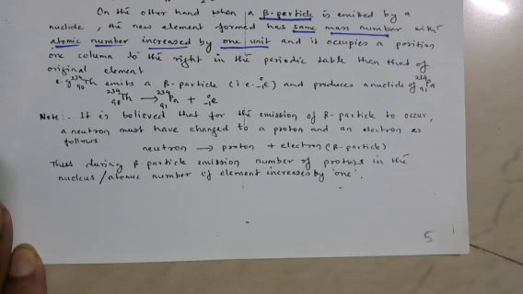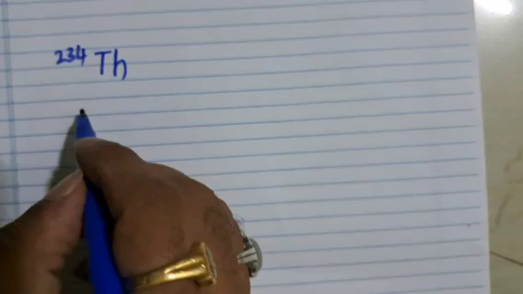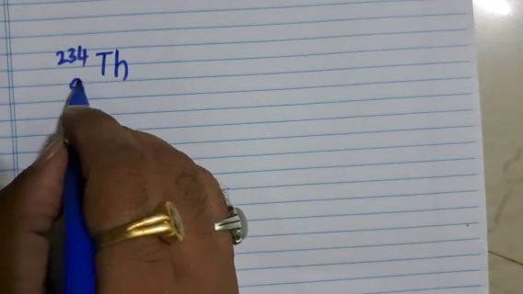When the atomic number increases by 1 unit, the element occupies a position 1 column to the right in the periodic table than that of the original element. So let us consider an example, the example of thorium, having mass number 234 and atomic number 90.